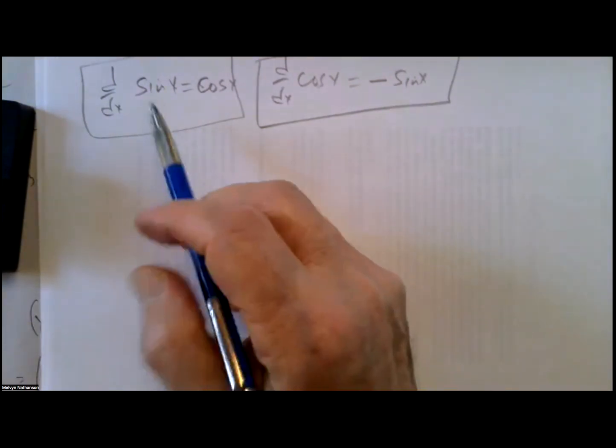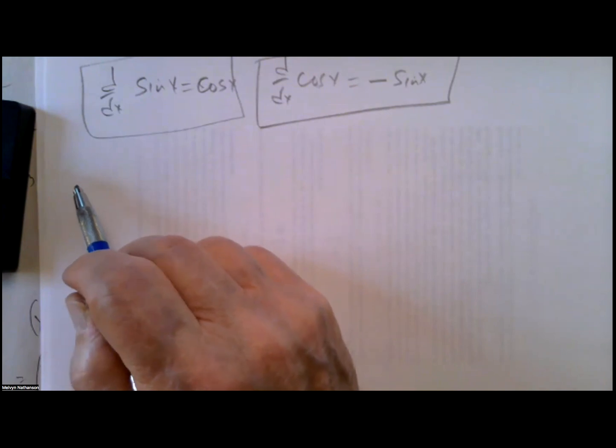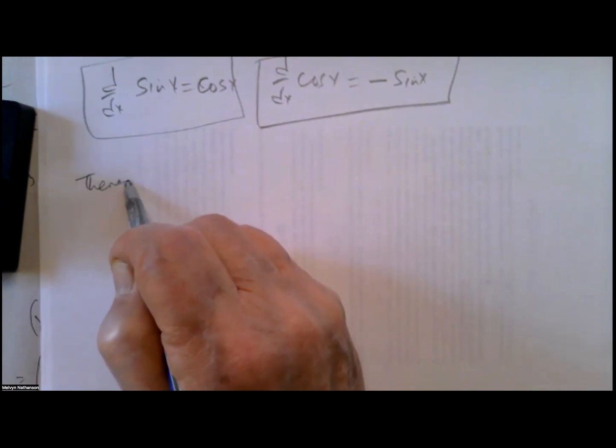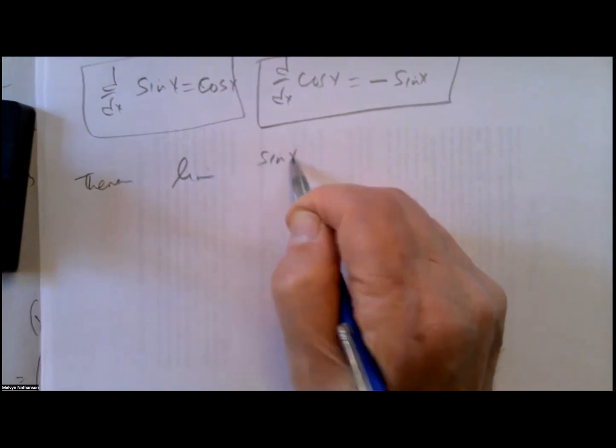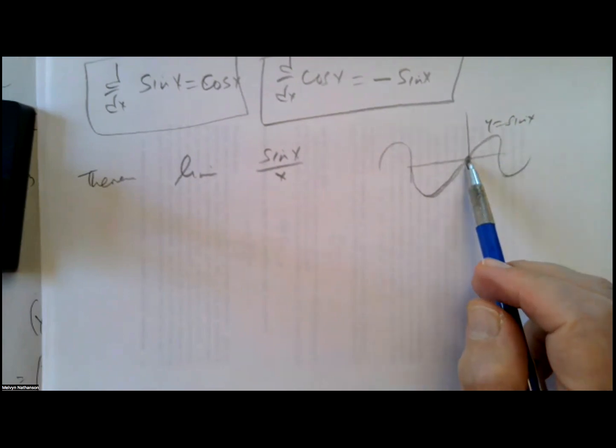One is that, so this is a theorem already in the book, that the limit of sine x over x. So, you know, what does the sine function look like? Sine function looks like that. So this is y equals sine x. At x equals 0, it's 0.